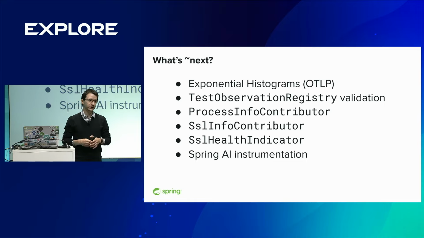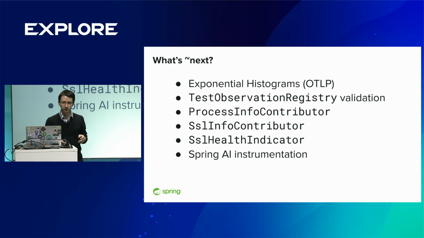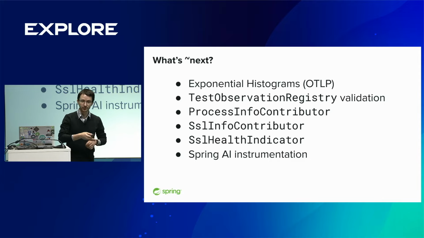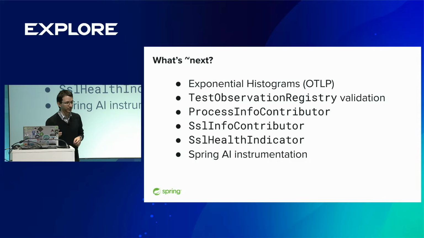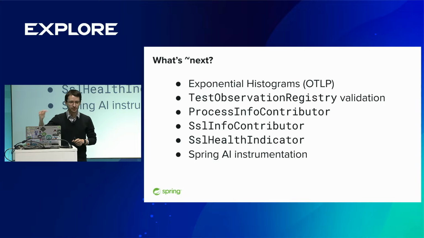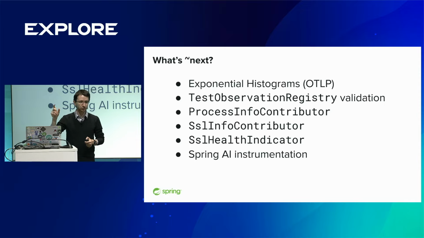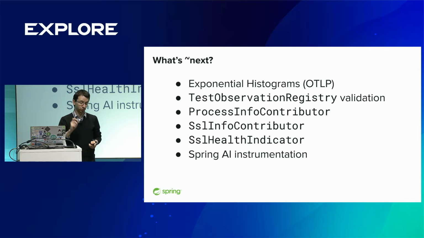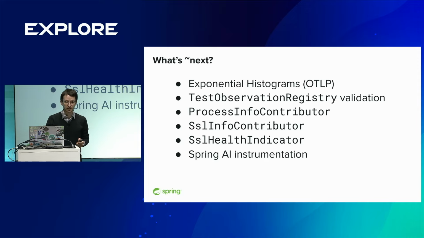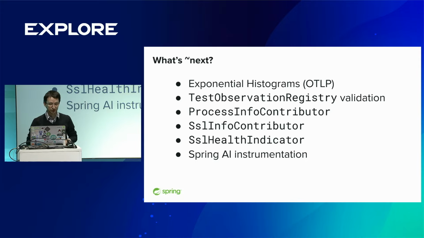It will tell you the issuer, the subject, the validity dates, whether it is expired or not yet valid, and it can also tell you if the certificate will expire in a time span that you define. So you define the threshold and you can tell Spring Boot, hey, let me know if one of my certificates will expire in the next 30 days. It can give you some headroom in order to rotate those certificates. This is a really nice feature if you ask me.